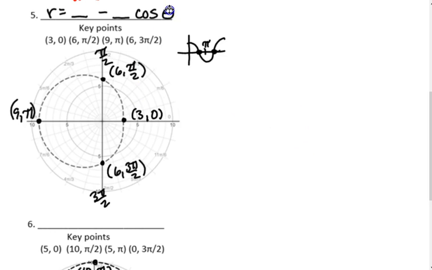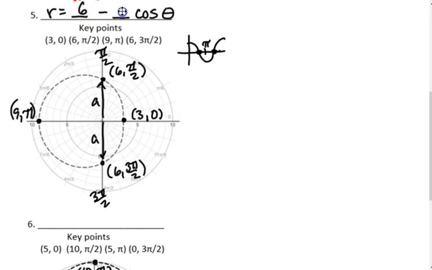So if cosine of theta equals 0, then r is equal to a. These two sideways numbers, 6, that's a. So this is just going to be a, this way and this way. Now, where do I get b? I get b when I add together or subtract these two numbers.